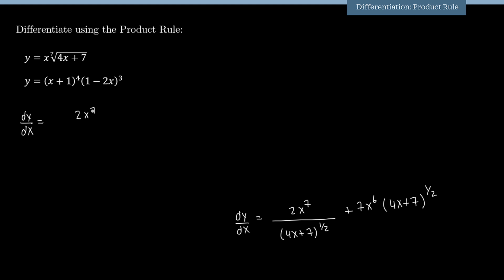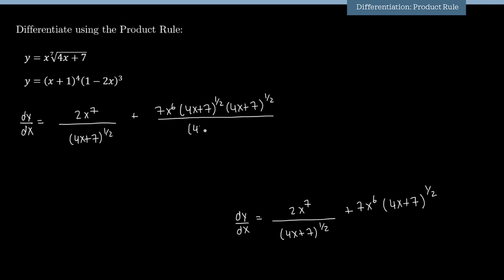and I would get dy upon dx is equal to 2x to the 7 divided by 4x plus 7 whole power 1 upon 2, and then plus 7x to the 6 times 4x plus 7 whole power 1 upon 2 times 4x plus 7 whole power 1 upon 2, and then divided by 4x plus 7 whole power 1 upon 2.